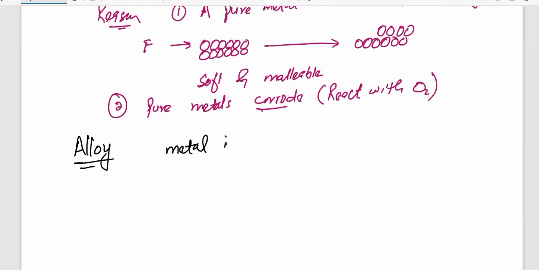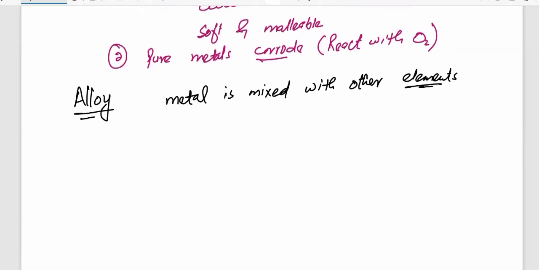Those elements can be metals and can be non-metals, so that's why I'm saying elements. It's not necessary that those elements should be metals. Here are some examples. In this way they become stable, they don't corrode.